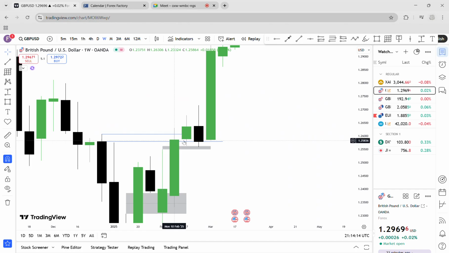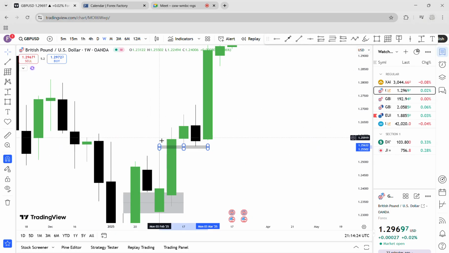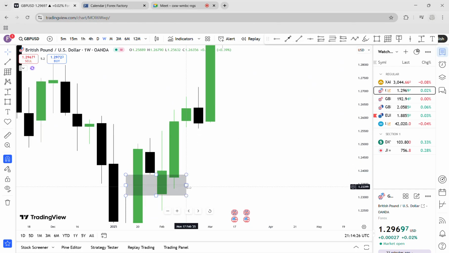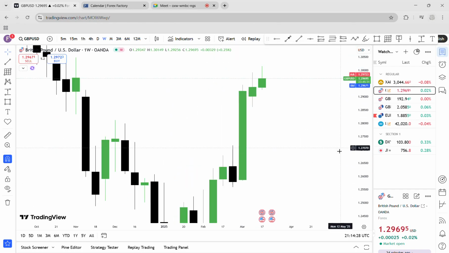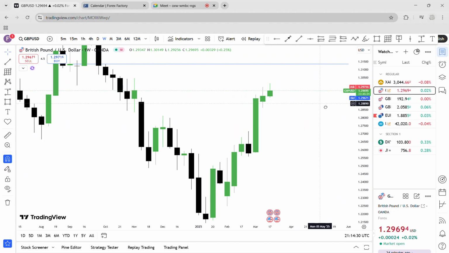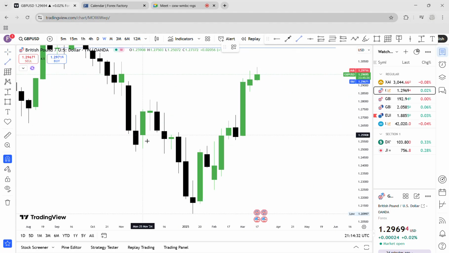Because we have used this level, this fair value gap, and this breaker right here. So now, what do we have that we could possibly get a buy from and continue this price to the upside? So first of all, we have these two candles right here. What are these two candles? They were also a level right here.